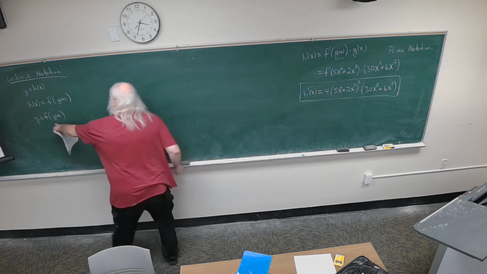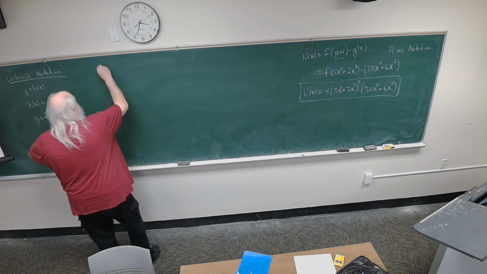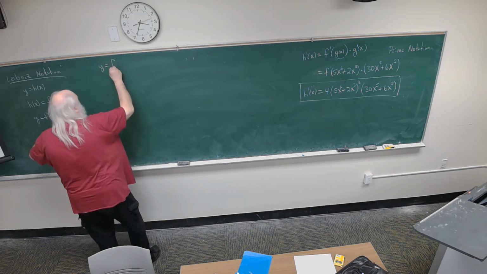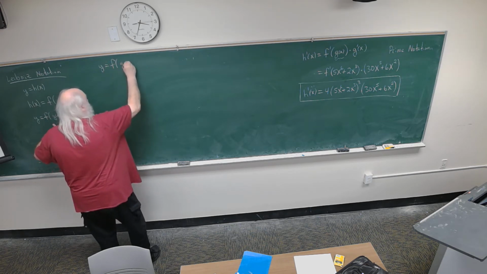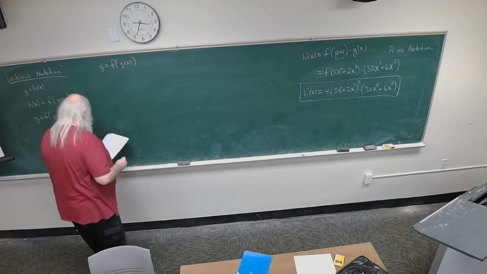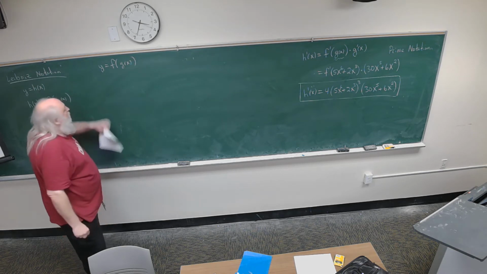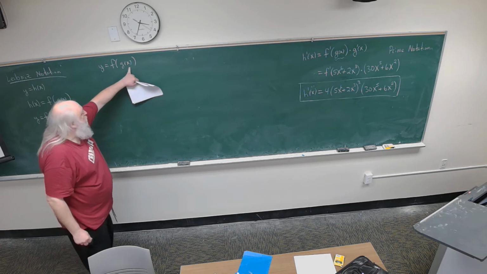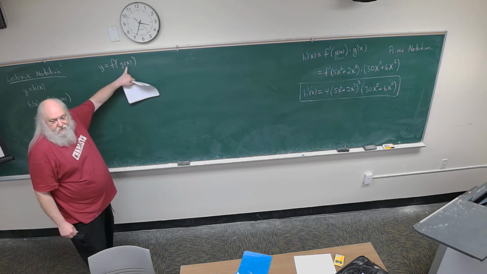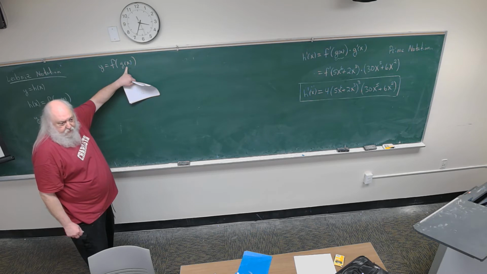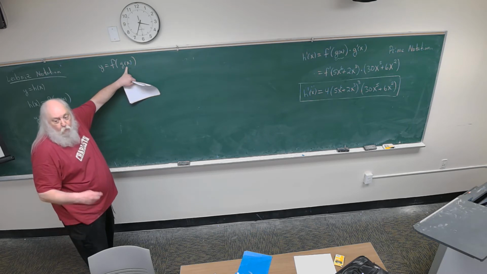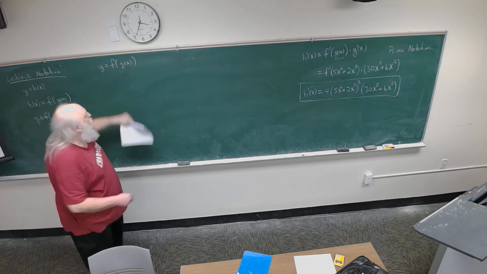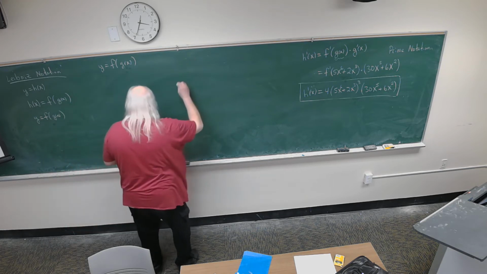I'm just going to rewrite what I wrote up here, because I need a couple of columns. We're going to substitute u. We're going to set the variable u equal to g of x. Just like we set y equal to f of x, we're going to set u equal to g of x.